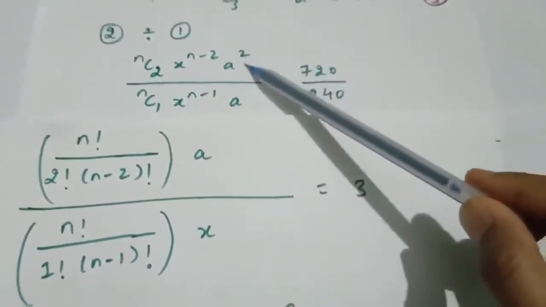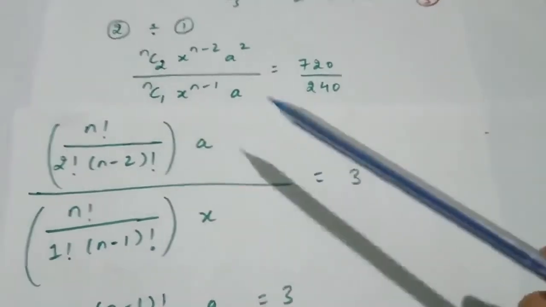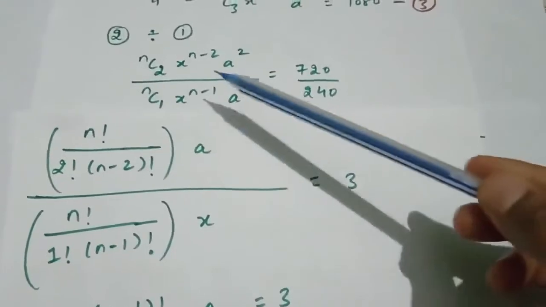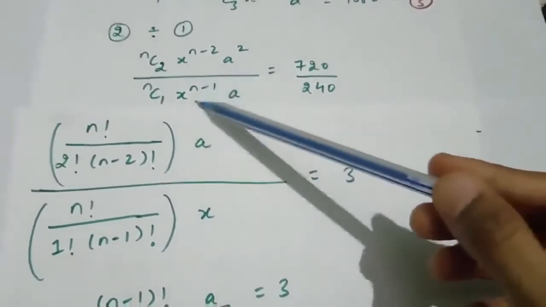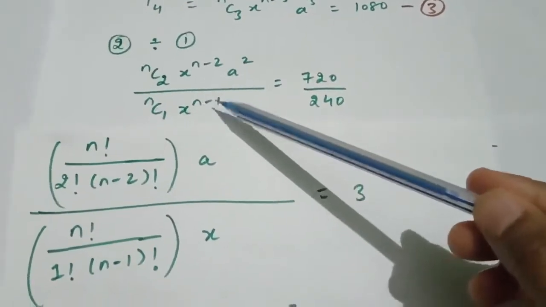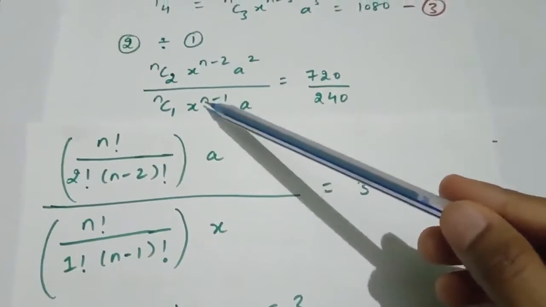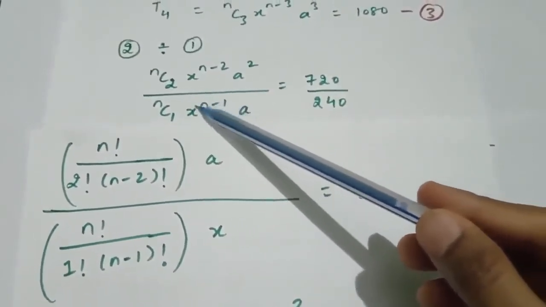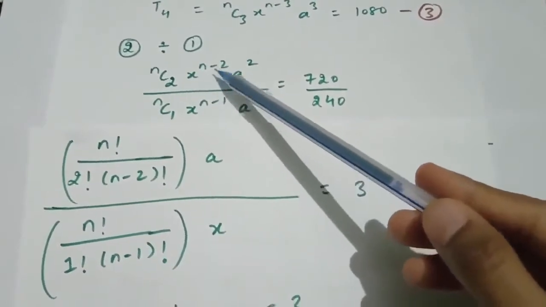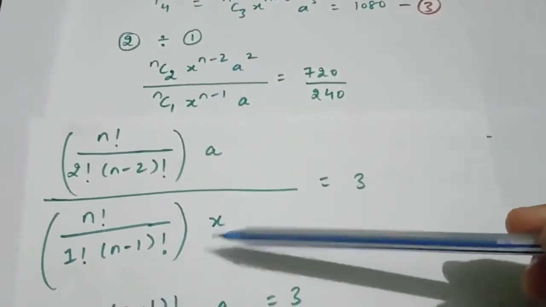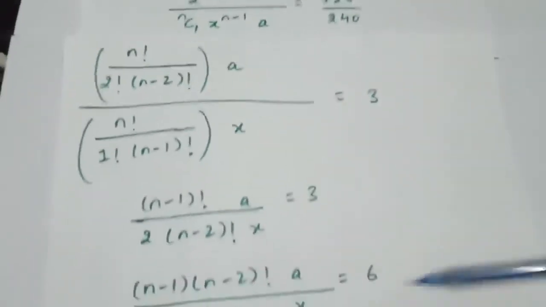Also here it is A^2, in the denominator it is A. So in the numerator only A will be left, and in the denominator x will be left, because it is x^(n-1) and x^(n-2). So the power of x in the denominator is 1 more than in the numerator. So in the denominator only x will be left, equal to, when you cancel this out, you will get 3.